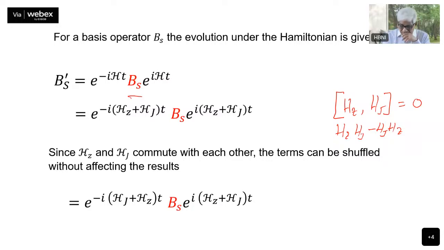Now this same thing I can write like this: e to the minus i H_Z t, e to the minus i H_J t, then B_S, e to the i H_Z t, e to the i H_J t.